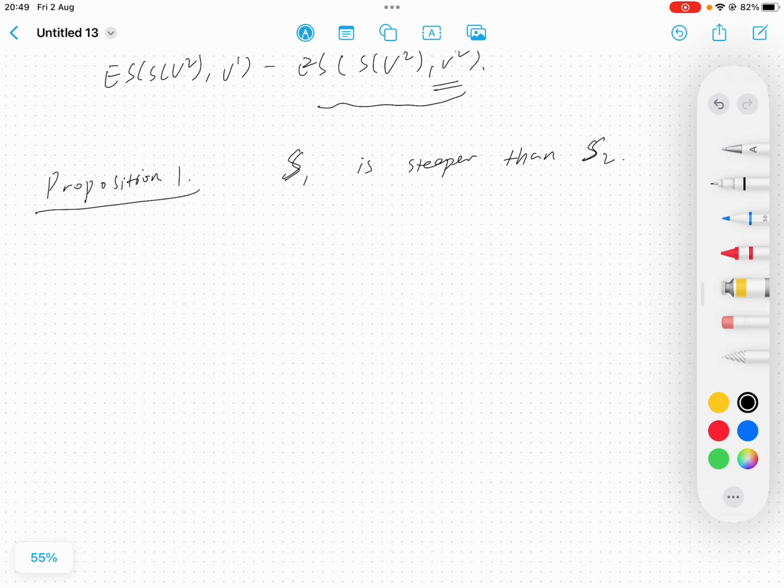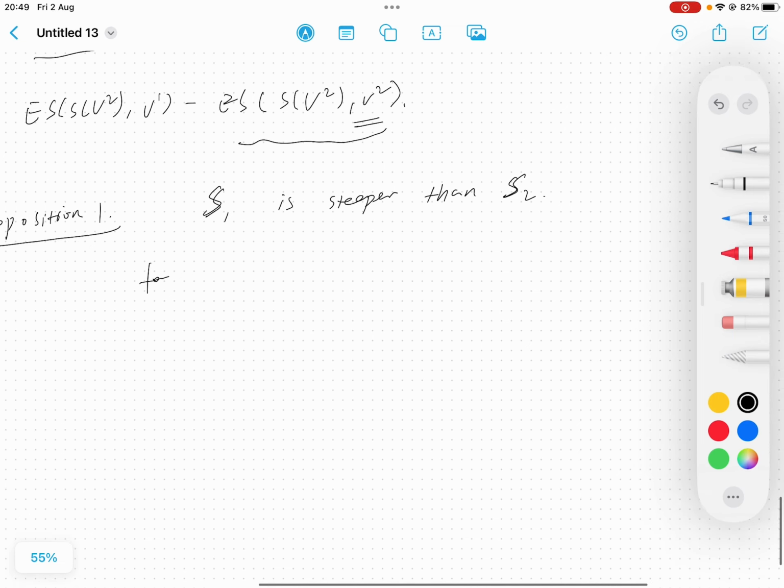For any realization of types, the seller's revenues are higher using S1 than using S2.